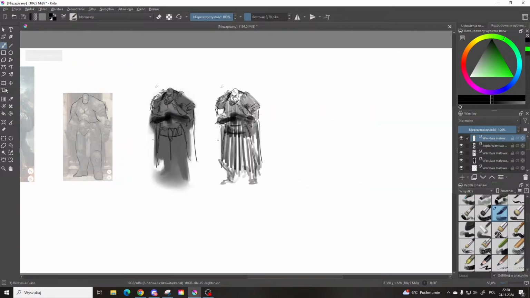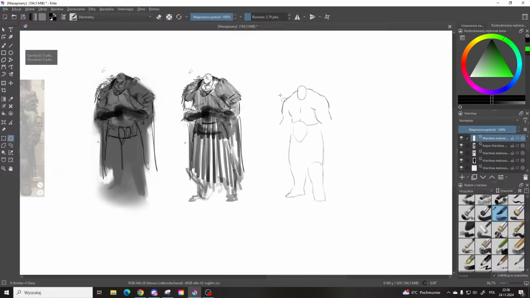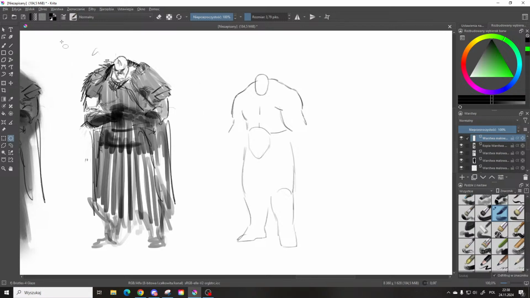Okay, now let's see. Okay, so it just looks strange when there are no details on it. Maybe that's okay then. Maybe I will just have to go further with it to see if it works.